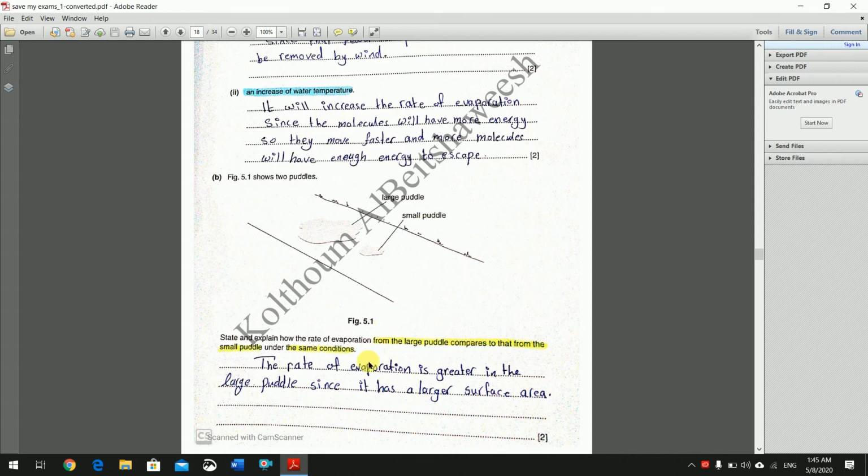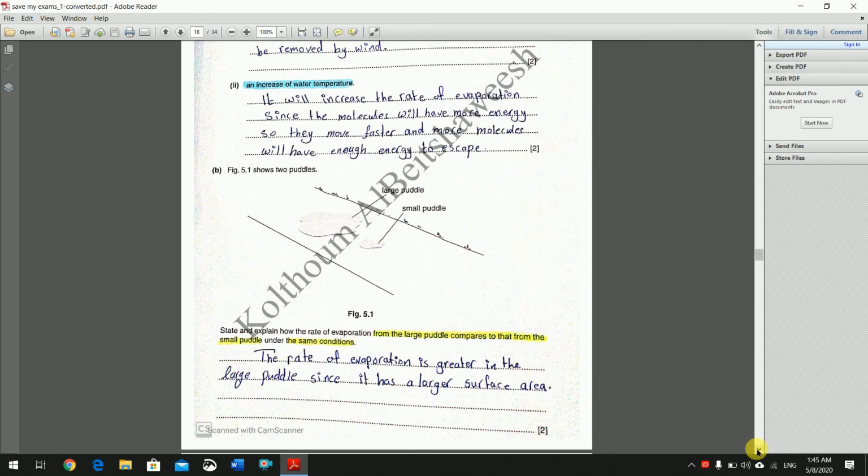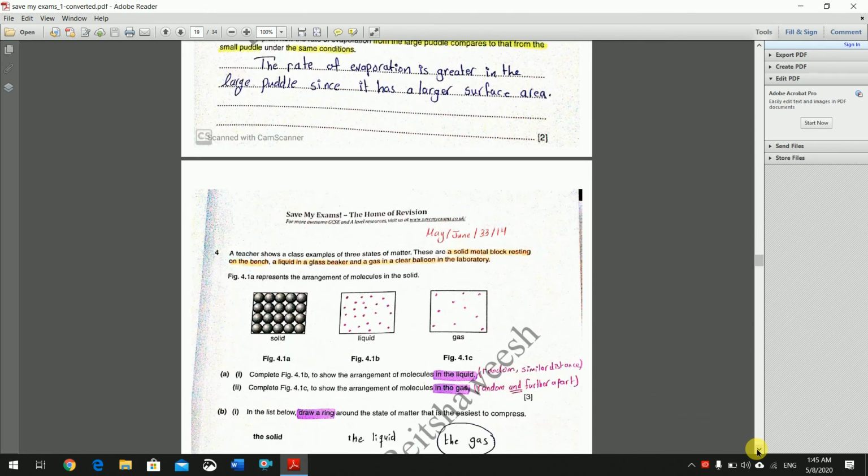Now, it is greater, of course, in the larger puddle because it has a larger surface area, which means that more molecules will have enough energy to escape the surface. And as we said, the evaporation only happens at the surface of the liquid, not like boiling. It happens throughout the whole liquid.